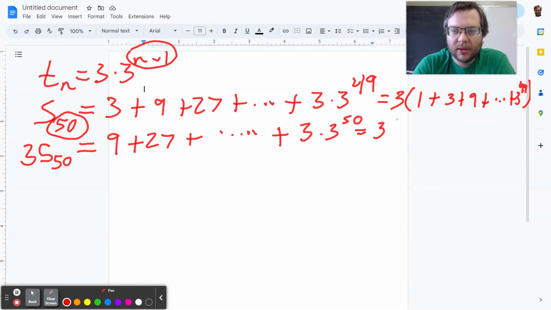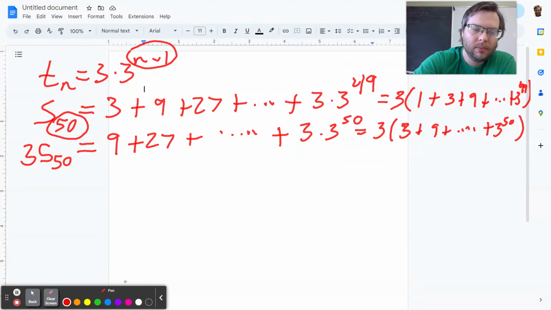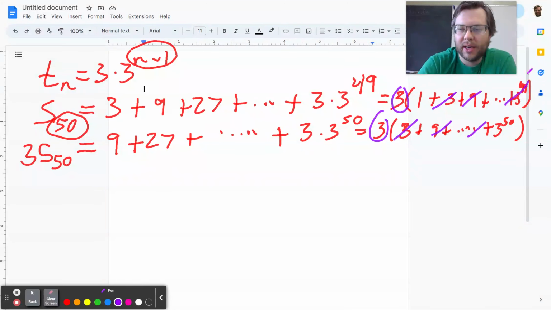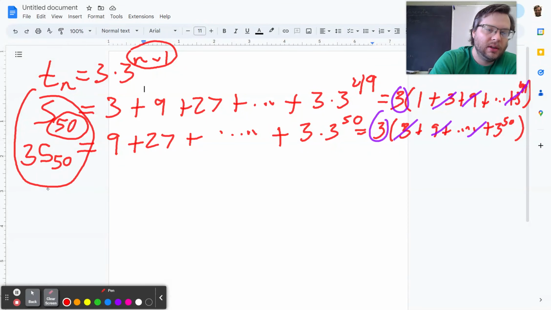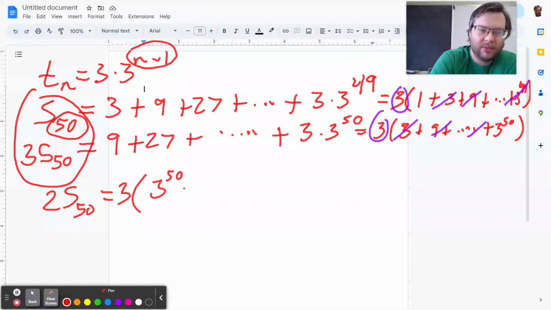All of these terms have a 3 in common, times (3 plus 9 plus blah, blah, blah, plus 3 to the 50). Notice what matches up. Factor that common thing out, cancel, cancel, cancel, cancel, and the 49 cancels as well. So if I subtract these two terms over here, I have 2 S50s left over, and over here I have 3 times (3 to the 50 minus 1), which means my S50 is 3 times (3 to the 50 minus 1) over 2.